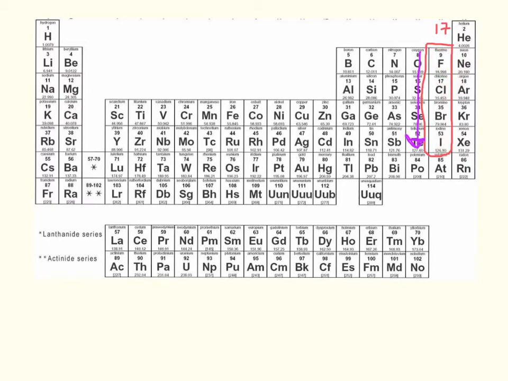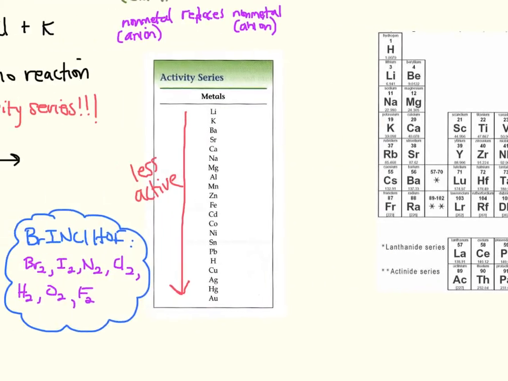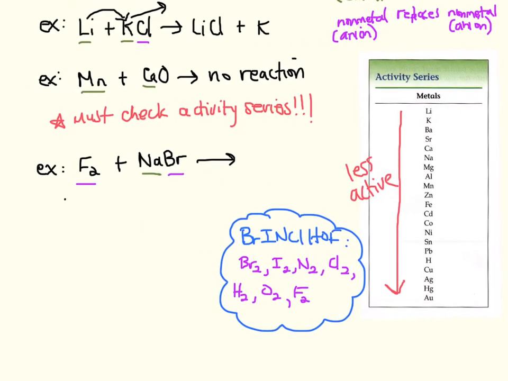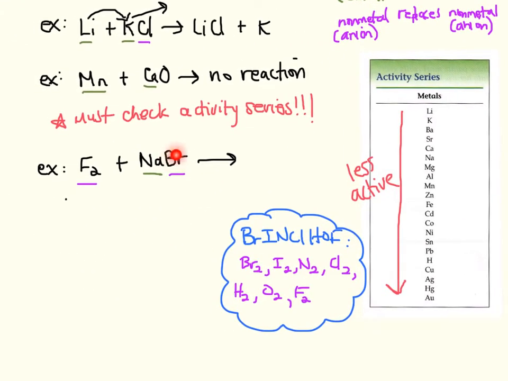So fluorine is above bromine, which means that it's capable of replacing the bromine in this compound. So our fluorine is going to come over here and kick out the bromine. And we're going to end up with, on the other side, of course, our bromine all alone.